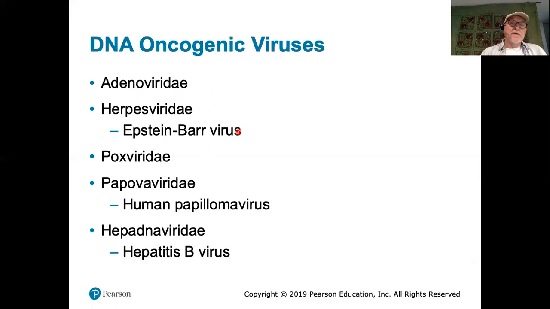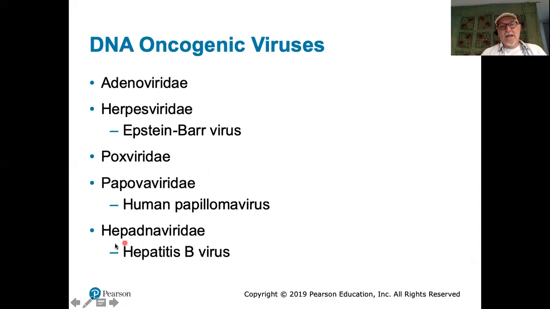But it produces a very distinctive cancer called Burkitt's lymphoma, particularly in people of African origin. Various members of the pox viruses can also be oncogenic. And then the human papillomavirus I have also already talked about.